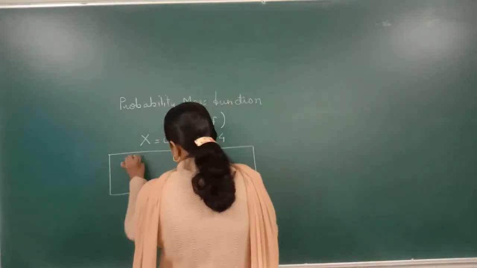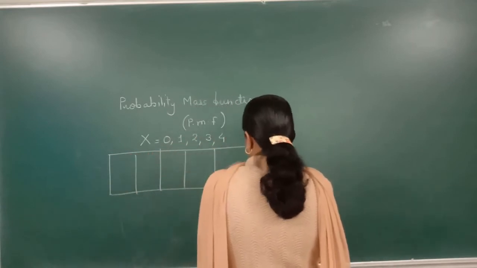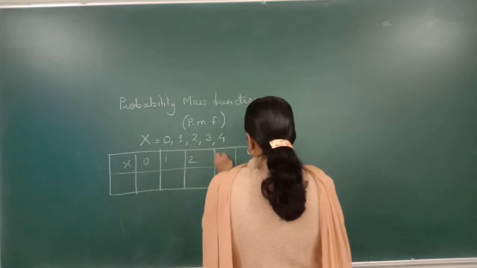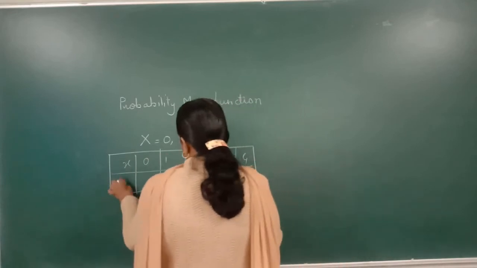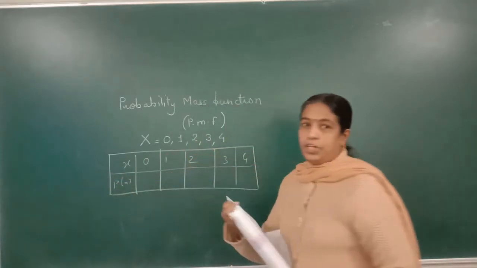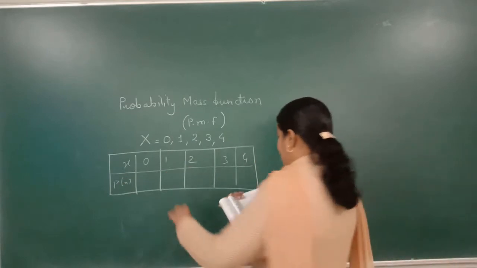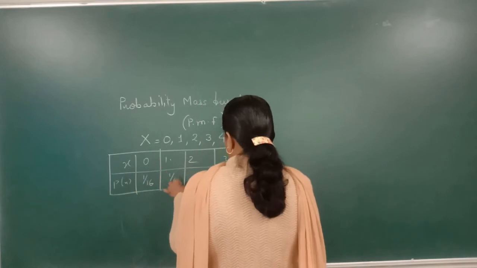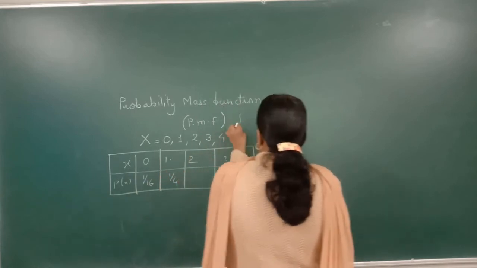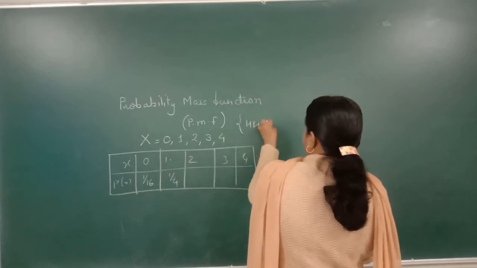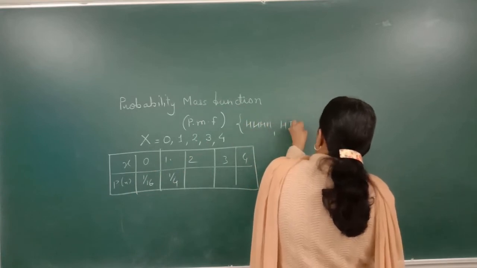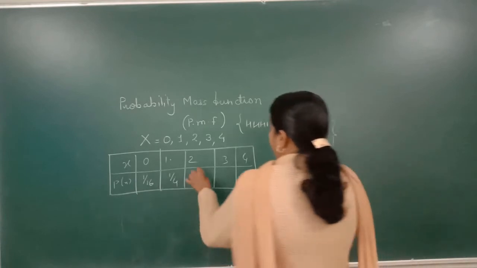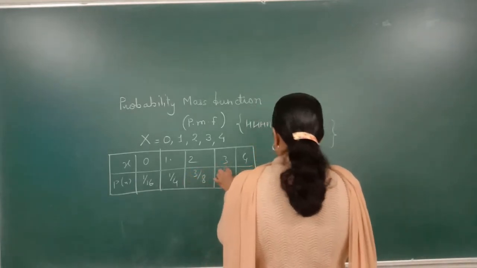See, 0, 1, 2, 3, 4 and the probabilities. The total number of outcomes is 16. The chance of getting 0 heads is 1/16, and the chance of getting 1 head is 1/4, isn't it? That depends upon H, T, T. If we consider such things, then we get the probabilities as follows.